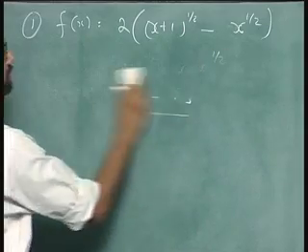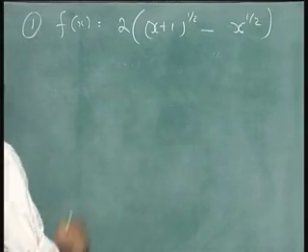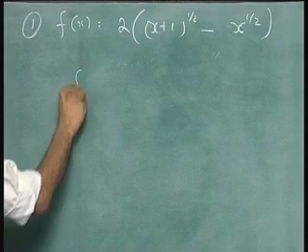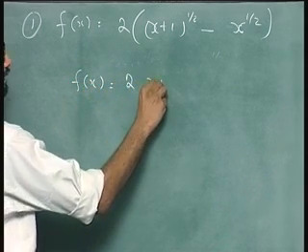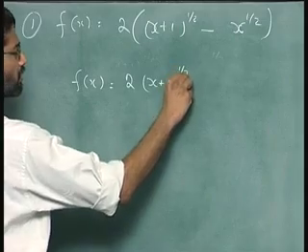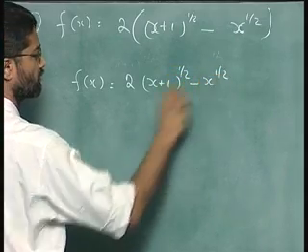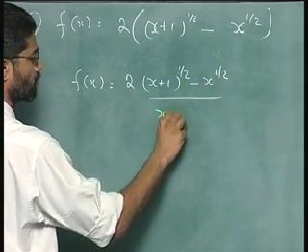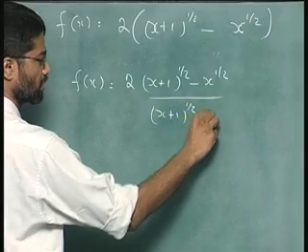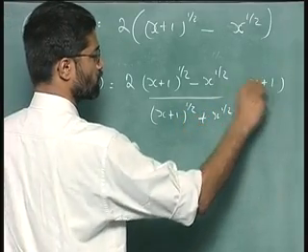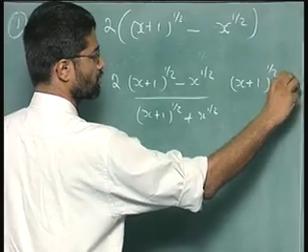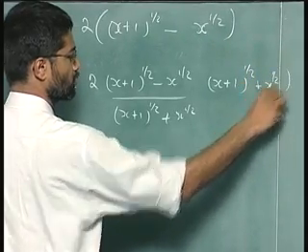We can do it in the following way. I would write this function f of x as 2 times x plus 1 to the power half minus x to the power half, divided by x plus 1 to the power half plus x to the power half, multiplied by x plus 1 to the power half plus x to the power half.